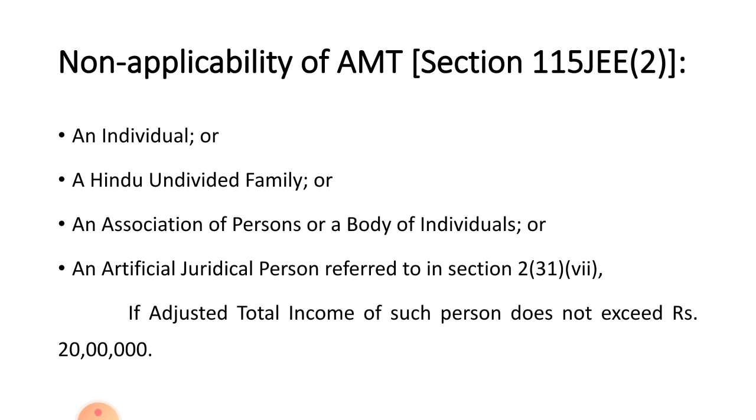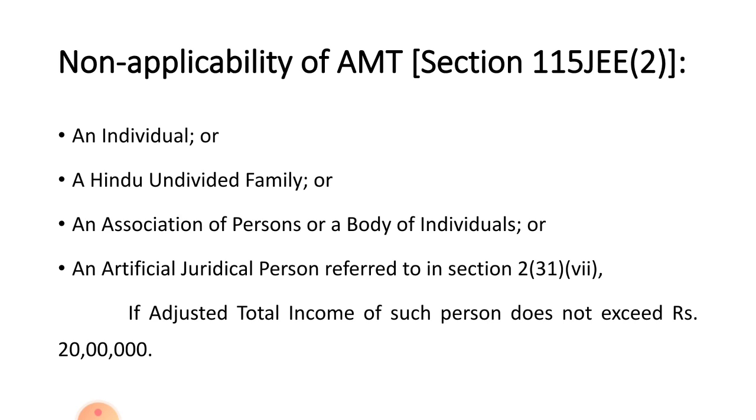Then what are the non-applicability of alternate minimum tax? That is, who and all not to pay this alternate minimum tax. That is, an individual or a Hindu undivided family or an association of persons or a body of individuals or an artificial juridical person referred to in section 2 subsection 31 clause 7.